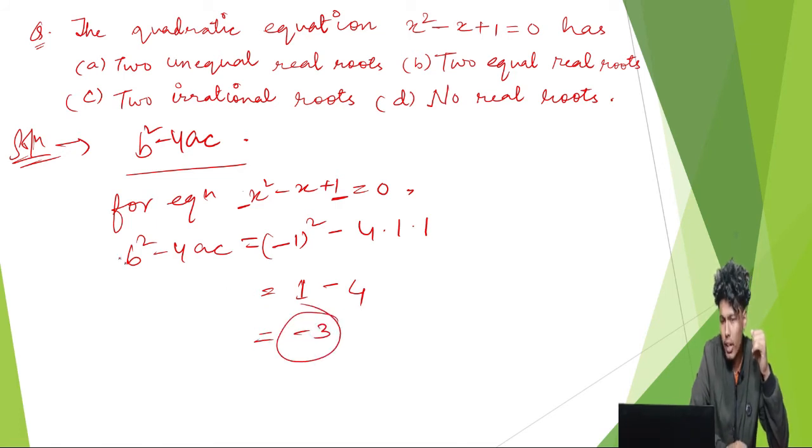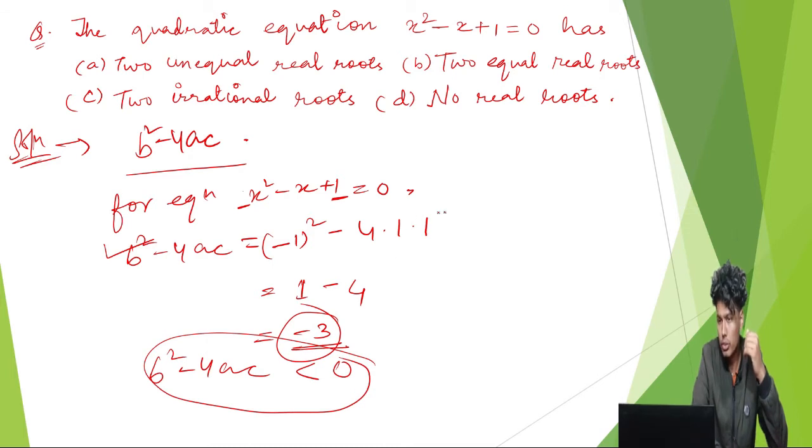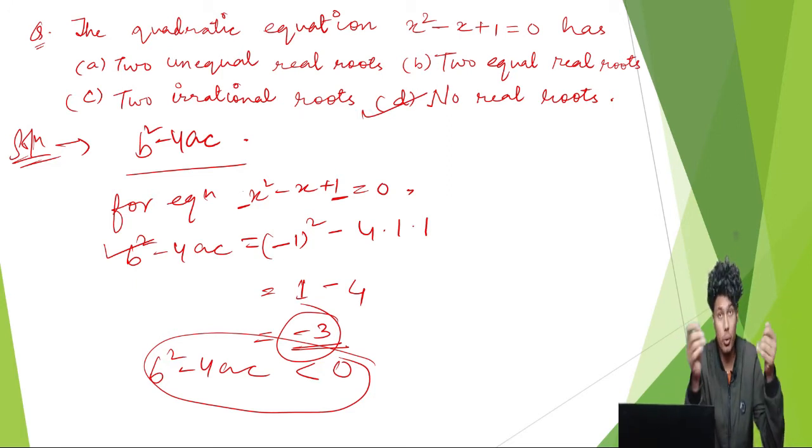So b square minus 4ac is minus 3. We have already understood that if b square minus 4ac is less than 0, there are no real roots. They are imaginary roots. So it is no real roots.